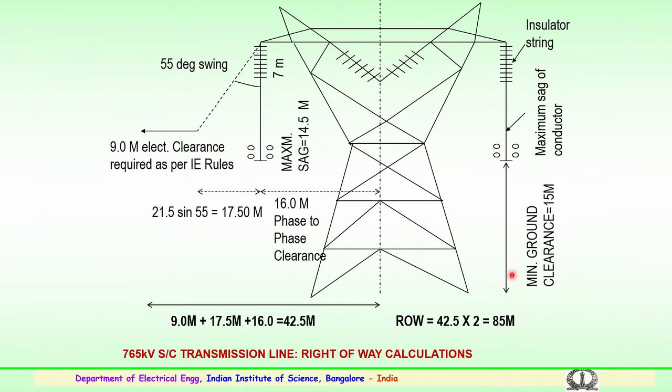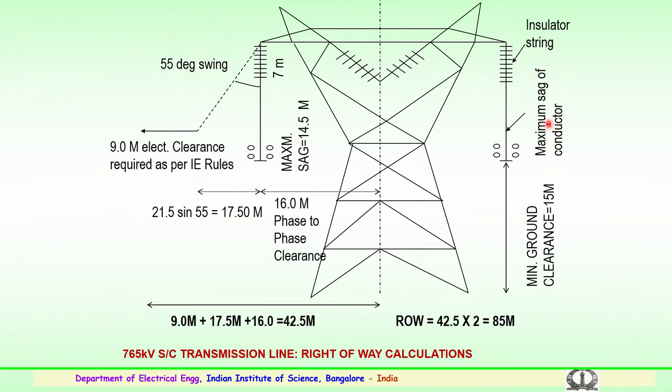So, the minimum ground clearances, you can see these are the 4 quadrupole conductors. There are 4 conductors in a bundle that constitute a quadrupole conductor. So, this conductor will be a live part, that is a 765 kV energized conductor. The minimum clearance to the ground has to be maintained. For 765 kV, the minimum clearance to the ground is specified as 15 meters, which is shown here.